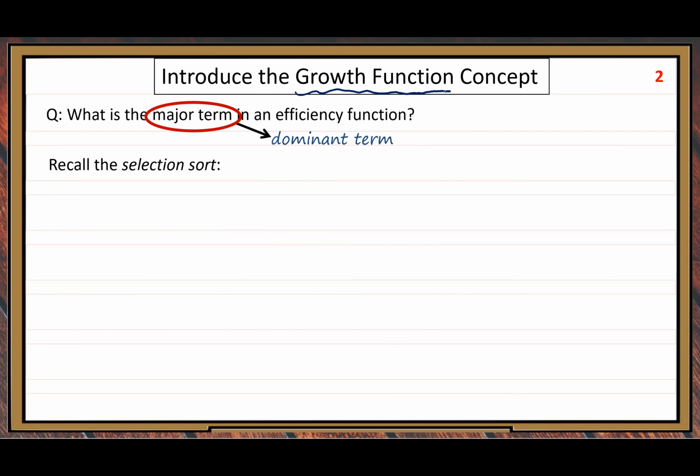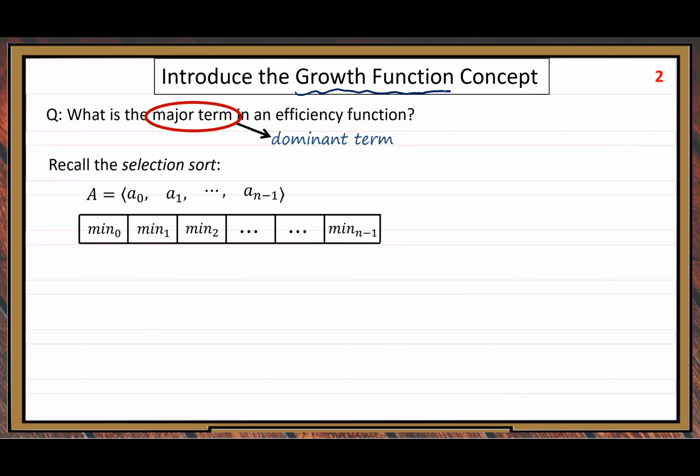Recall the selection sort, which sorts the array in this special way. This is its efficiency function. If we expand it, we have two terms: the first term, 1/2 n squared, and the second term, minus 1/2 n.